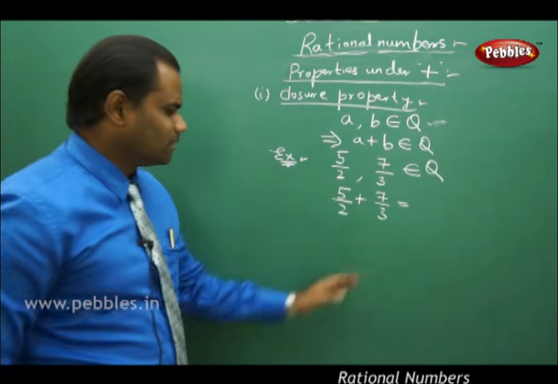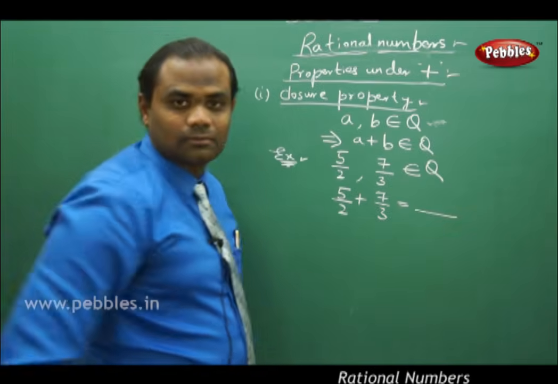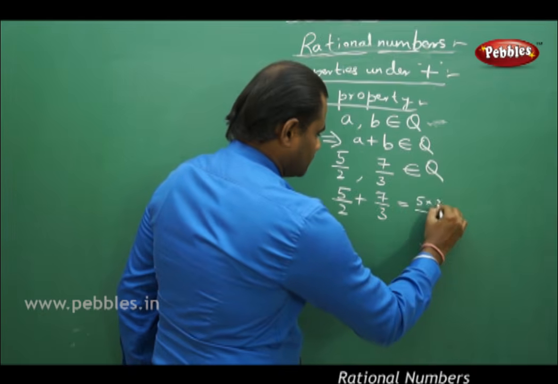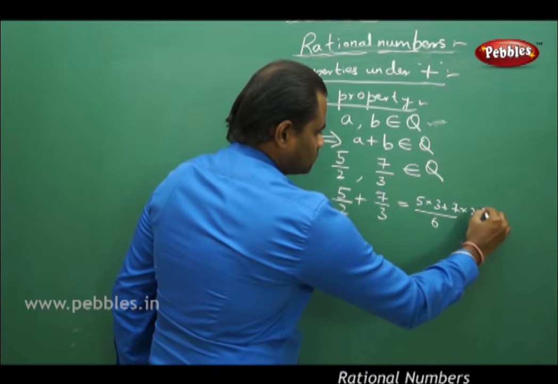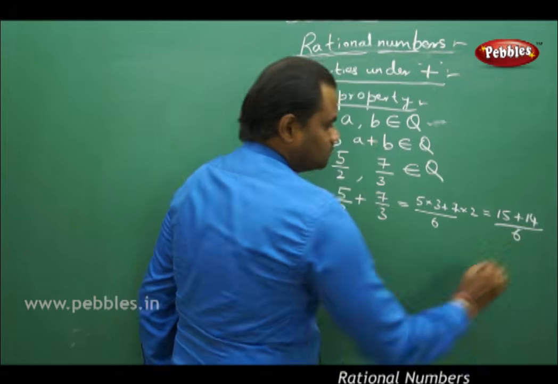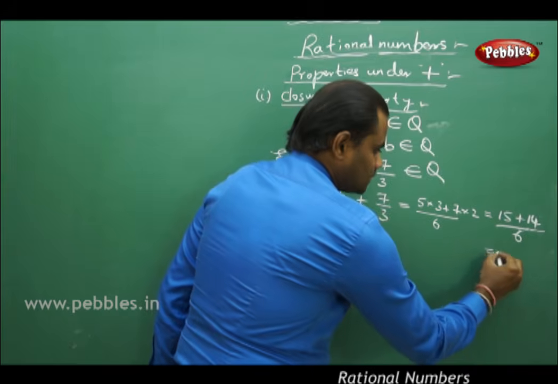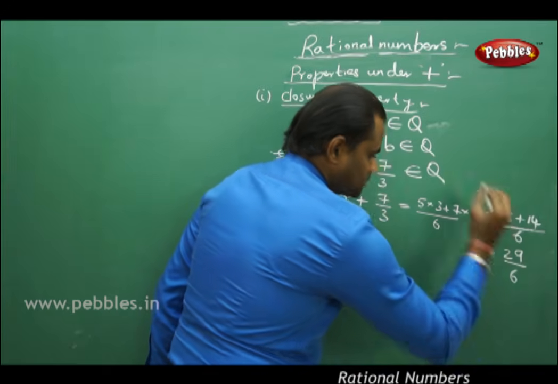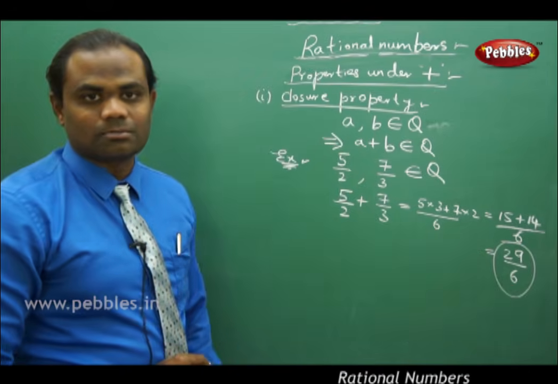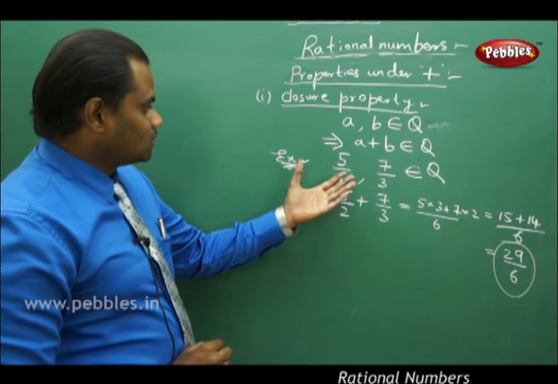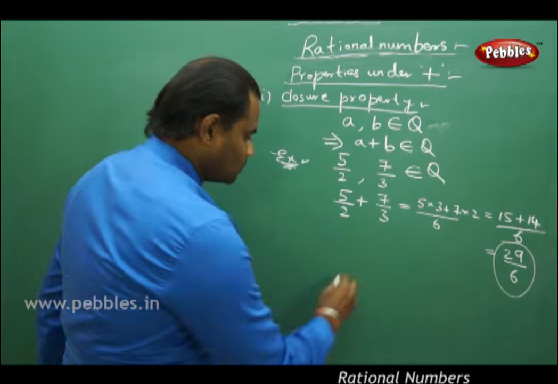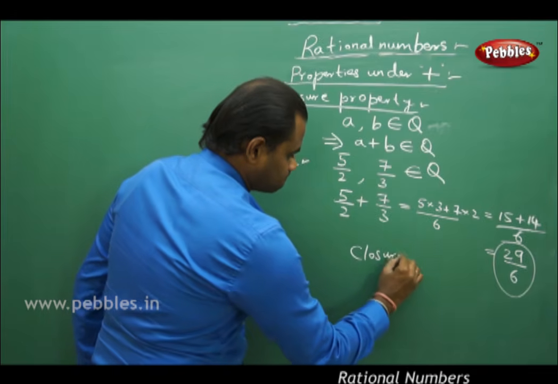The addition would give me, with an LCM of 6, 5 times 3 plus 7 times 2, which would be 15 plus 14 by 6. This would be nothing but 29 by 6. Now I understand this to be a rational number. This belongs to Q. Therefore, you take any two rational numbers and add them, you get a rational number, which is the closure property.